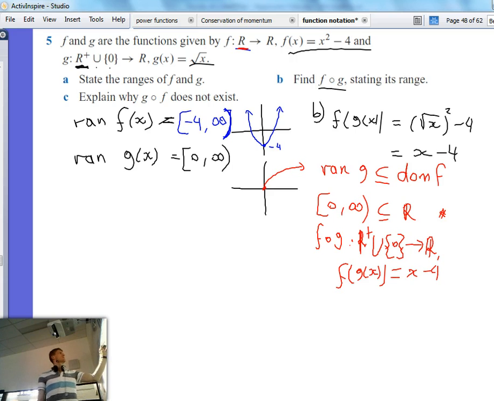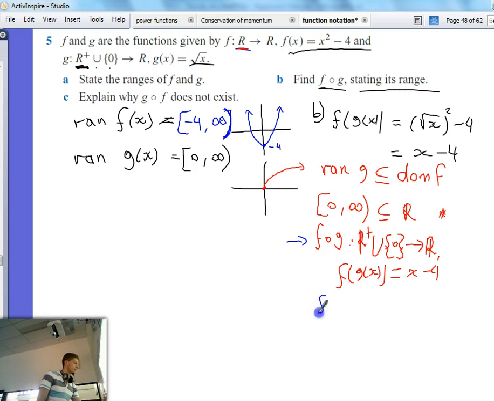Now, how do we state the range? To find the range of this new function, we have to consider this function across its domain. This says all positive real numbers, including element 0. So the smallest possible x value is 0.